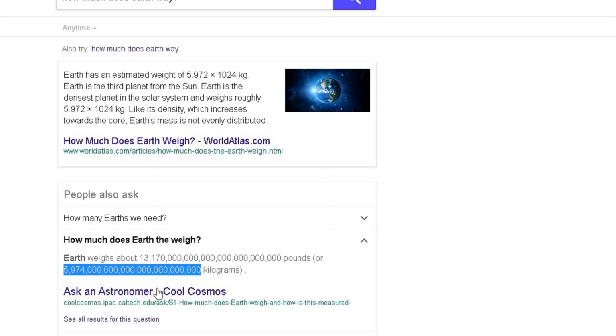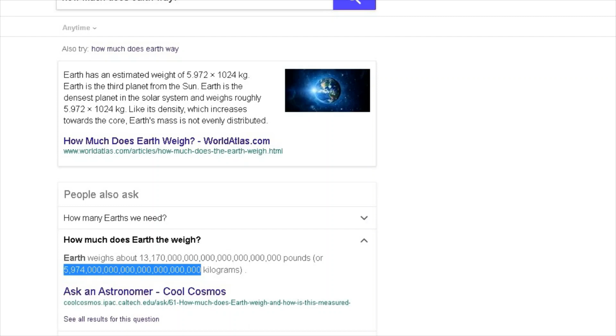So there are 25 decimal places. Remember, the 5 starts off the first decimal place, so we only have to move over 24 spaces, which is just multiplying by 10 to the power of 24.